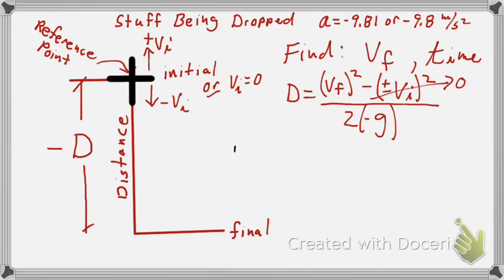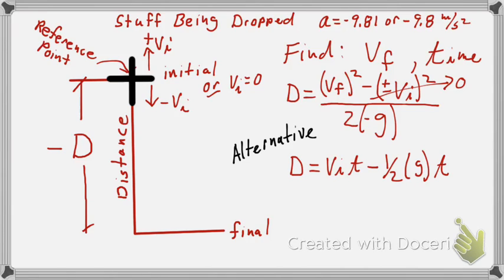An alternative method is to find time first, which is always a good strategy in kinematics problems. I use this equation, another one of my favorite go-to equations. Again, in most of your problems, V initial is 0, and so this becomes relatively easy to solve for time.